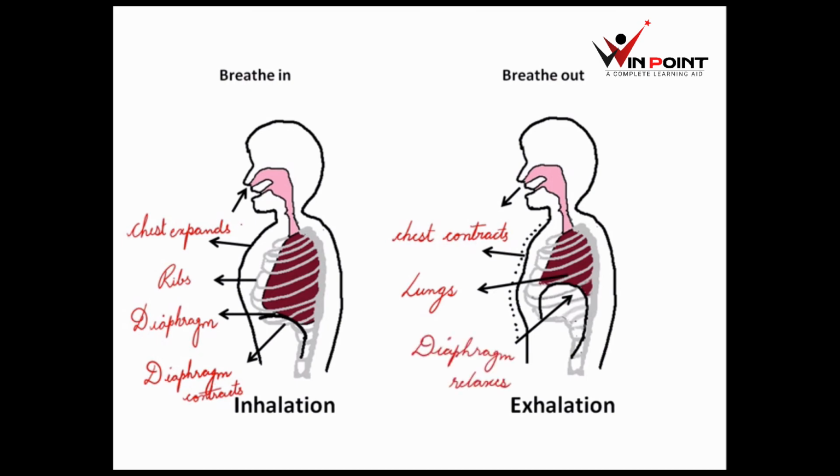When we breathe in air, the muscles of the diaphragm contract and move downward, the chest cavity expands and the air enters the lungs. When we breathe out, the muscles of the diaphragm relax and move upward, the chest cavity contracts and the air goes out of the lungs. This is how we breathe in and breathe out.